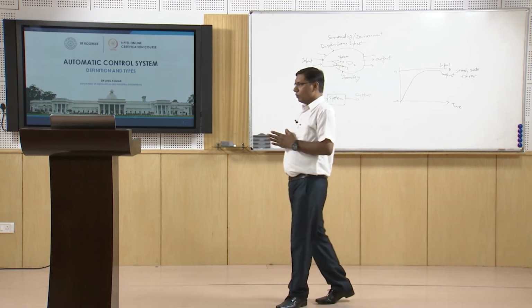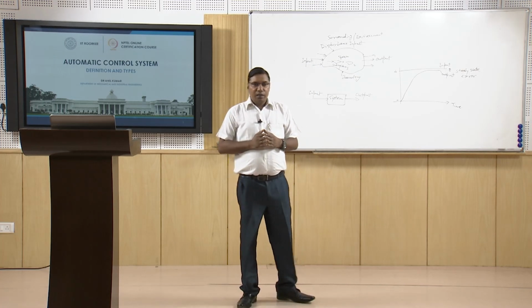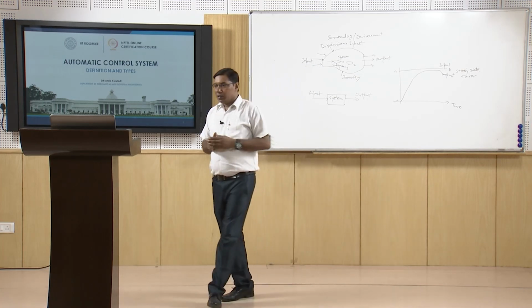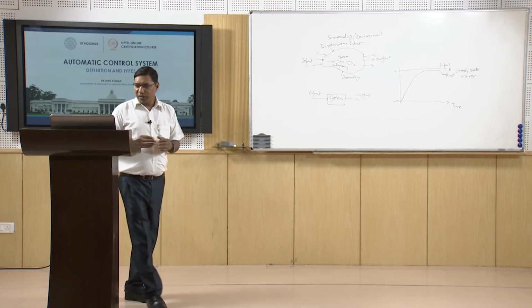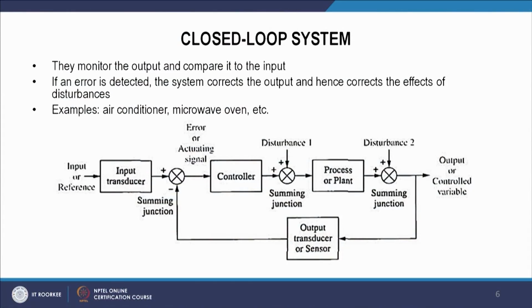and they can compare the output to the input. Now we can see in this figure, here is the input we are giving, going to the input transducer. This transducer converts the input to a signal that is accepted by the controller.